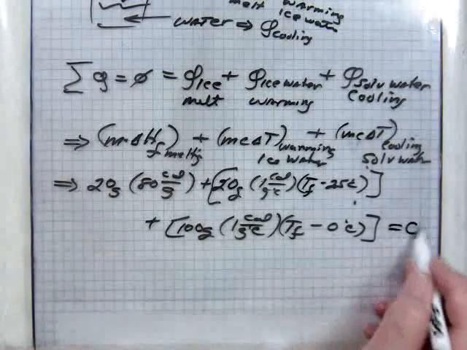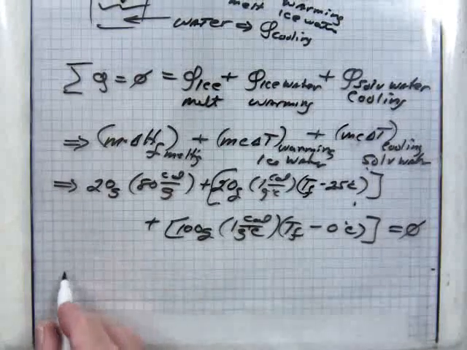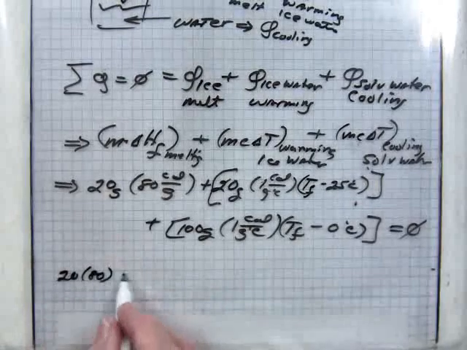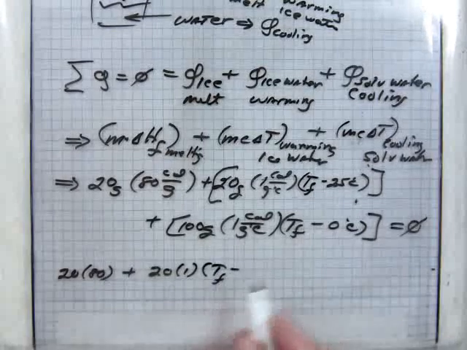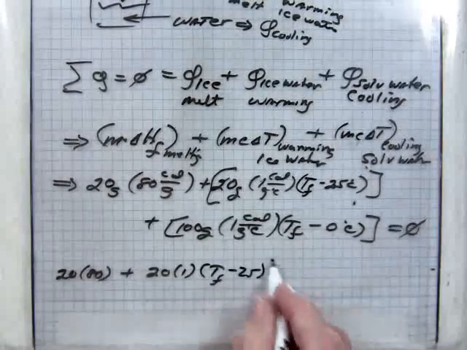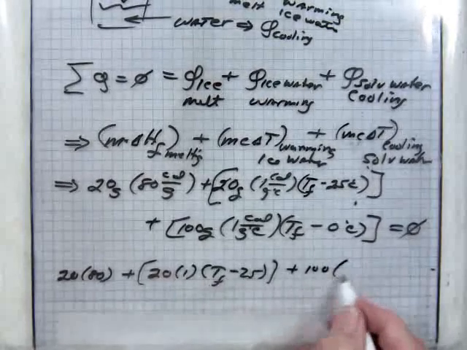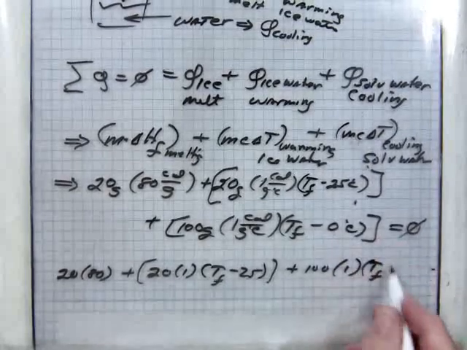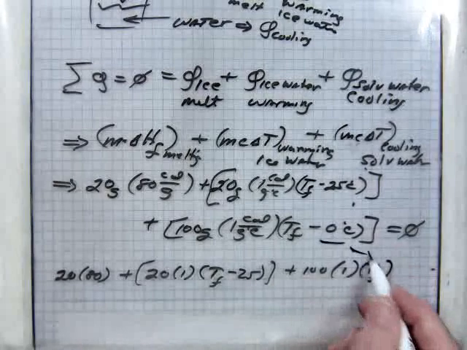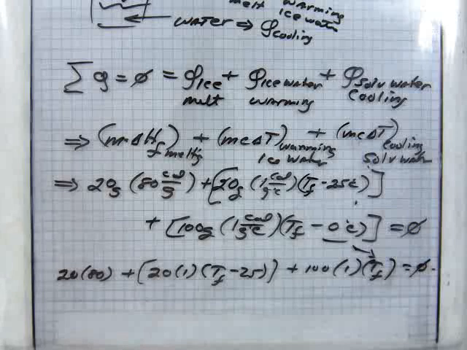And all that equals 0. So drop out all the units now. And so you have 20 times 80 plus 20 times 1 times TF minus 25, bracket that one, plus 100 times 1 times TF minus 0. I'll just drop that one out, drop out the 0 and set everything equal to 0. Now it's an algebra problem with one unknown. Solve for TF. Not a problem.